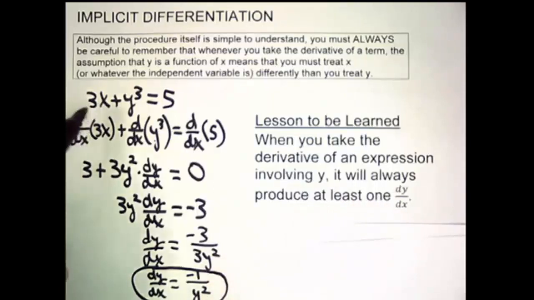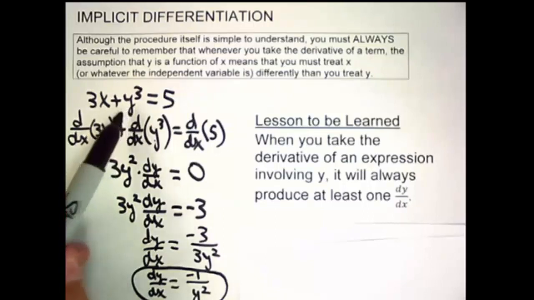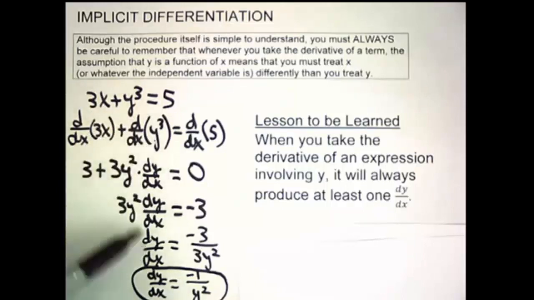When you're taking a term that only has x's in it, or a constant, you're not going to get any dy over dx's, but as soon as you come to a term or a factor that's part of a term or a quotient that has a y in it, somewhere in this process you're going to generate at least one dy over dx. You just have to remember that.